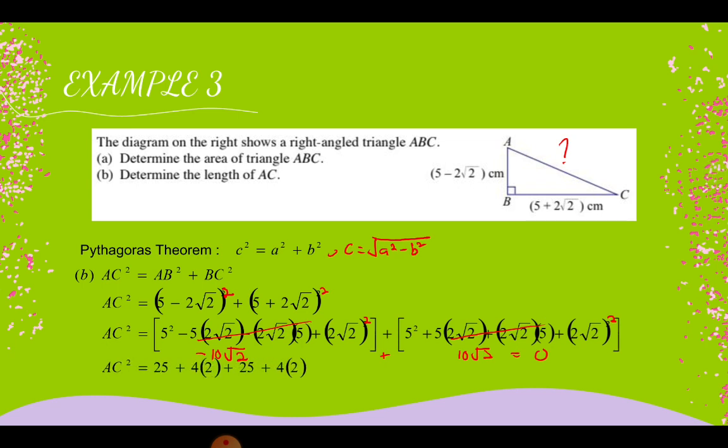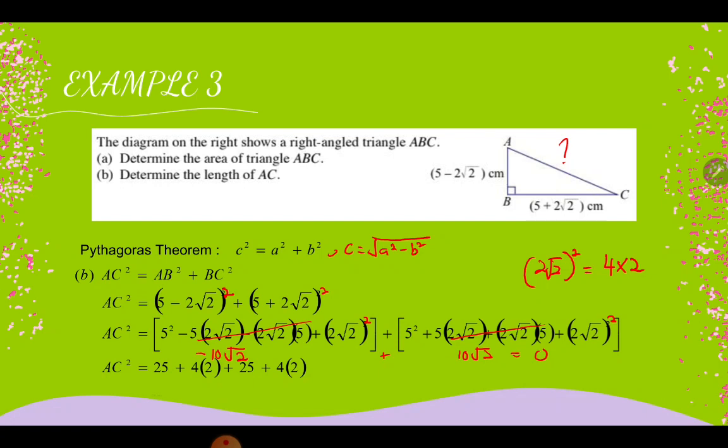So the remaining will be AC squared equals 25 plus 4 times 8. So where does 4 times 8 come from? 2 surd 2 squared is basically 4 times 2, which is 8.